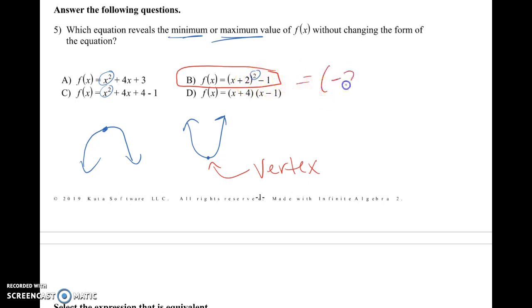So h here is negative 2. You flip the sign of what's in here, and you keep the sign of k. So that's a negative 1. So without changing the form, I can easily see that this vertex form, as it's called, can give me my maximum or minimum point. So B.